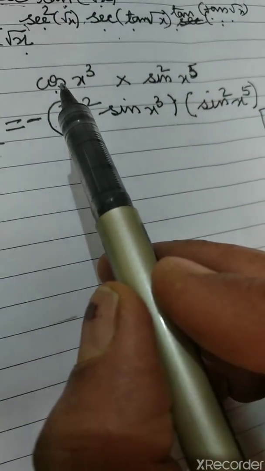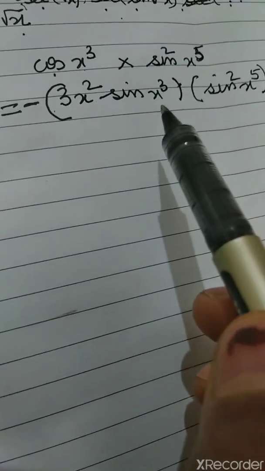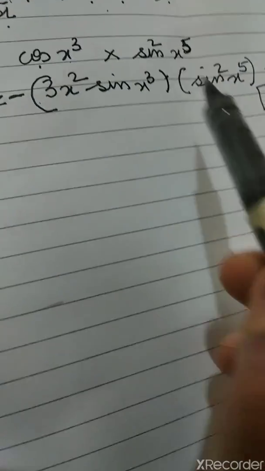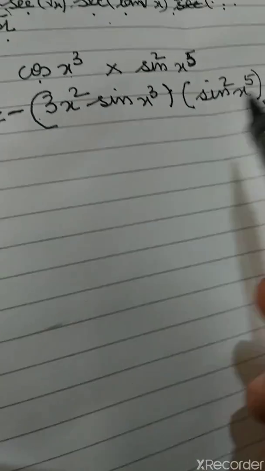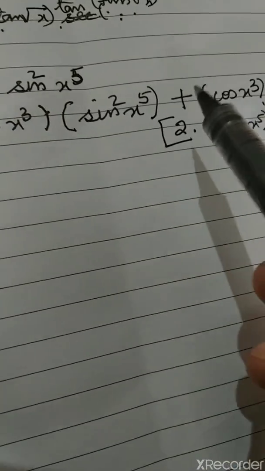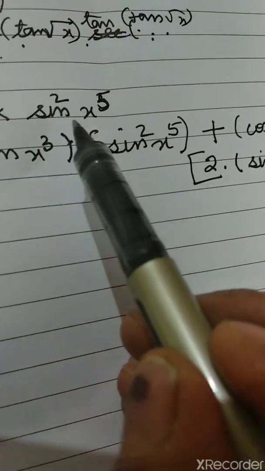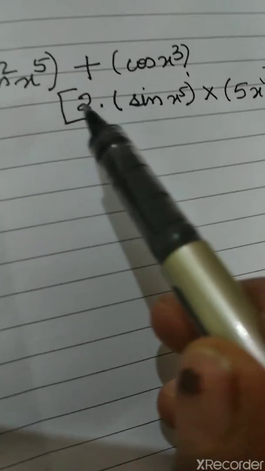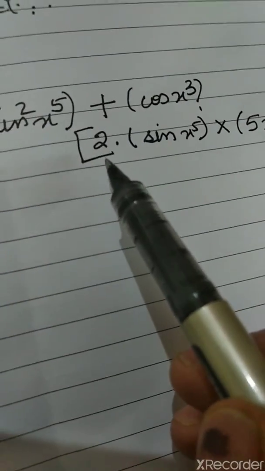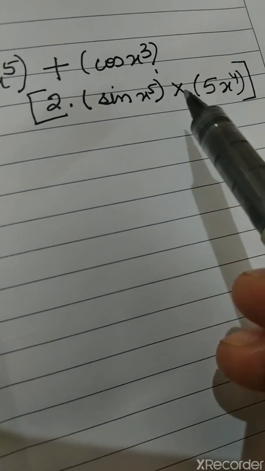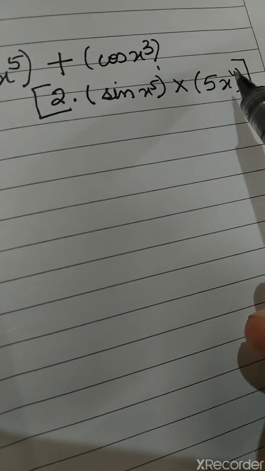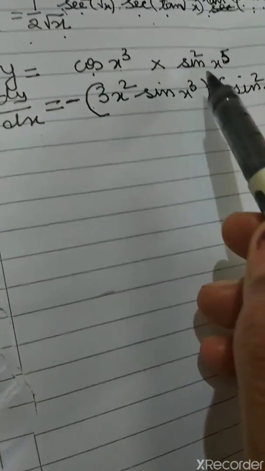I differentiated first the first function, that is cos of x cube, keeping the next function sine square x to the index 5 as a constant, it is just multiplied to it, plus the first function multiplied by the derivative of the next function, that is sine square x to the index 5, which happens to be 2 times sine of x to the index 5 multiplied by 5x to the index 4. So this is the product rule in differentiation.